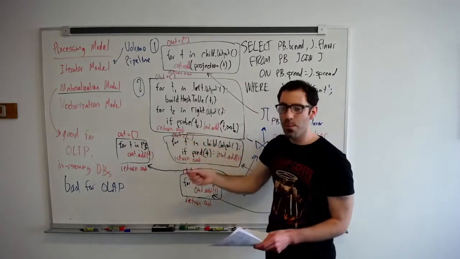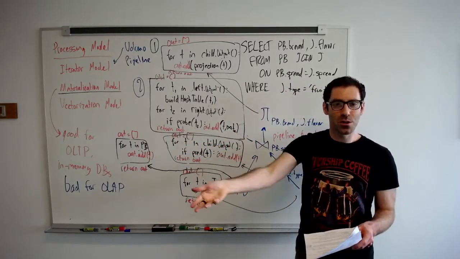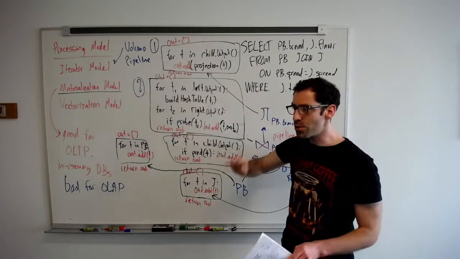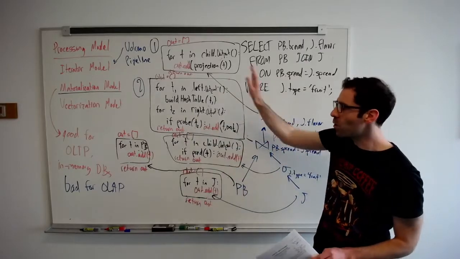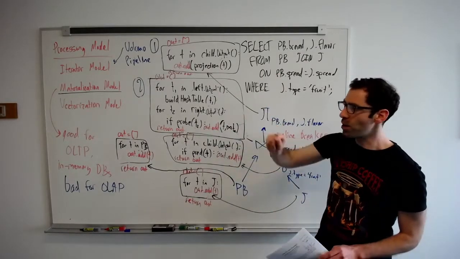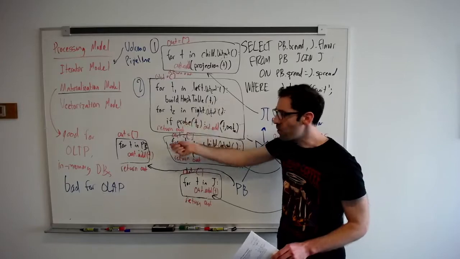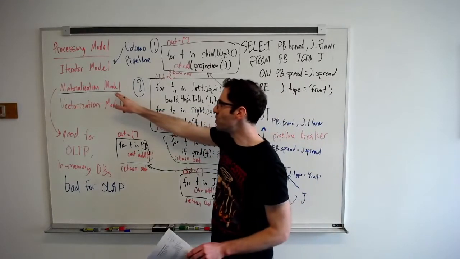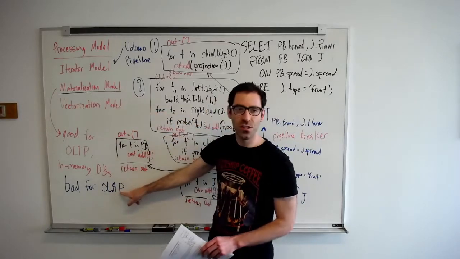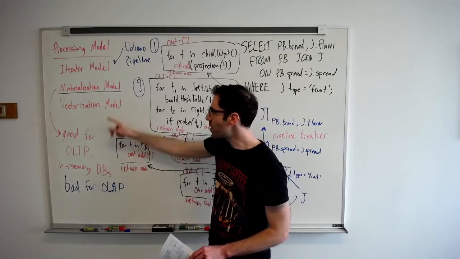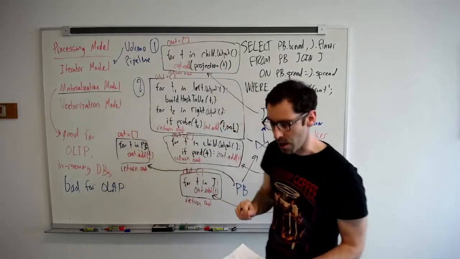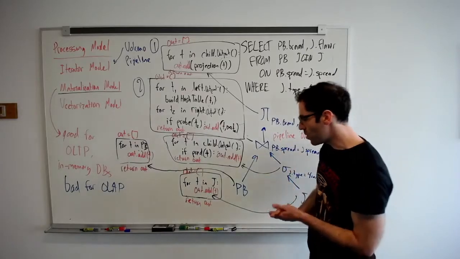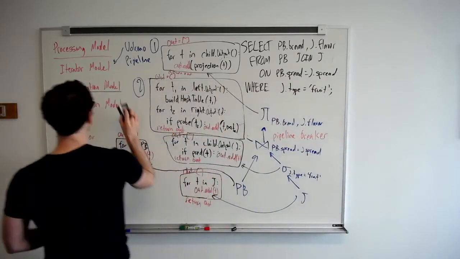And if these output buffers get too big for memory and we have to start writing out pages of them to disk, now we've introduced a whole bunch more disk I/O into our query plan that under the Iterator model would not have been there, because we're only moving one tuple at a time in that model. So a database designed for OLAP would typically avoid something like the materialization model. Our third model, the vectorization model, is sort of a hybrid of these previous two.